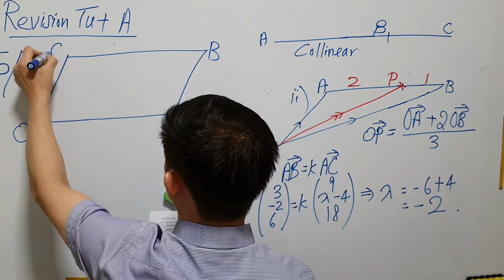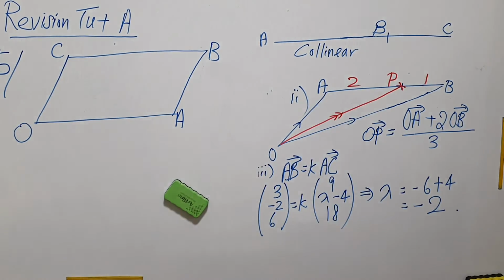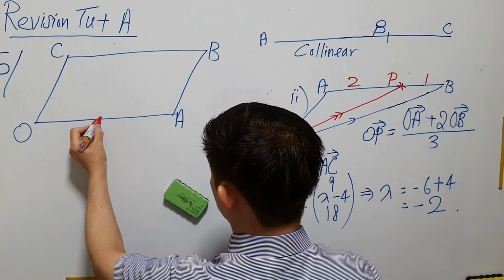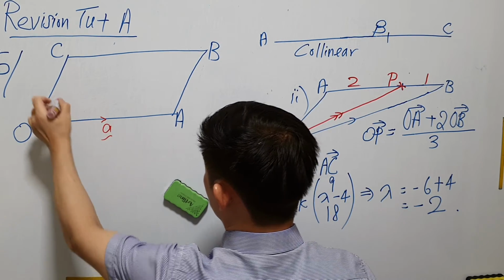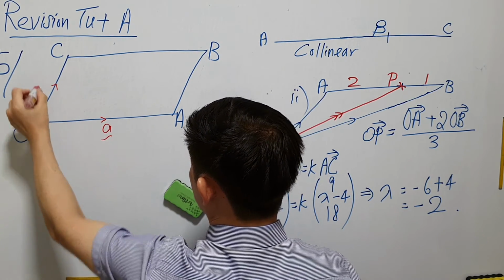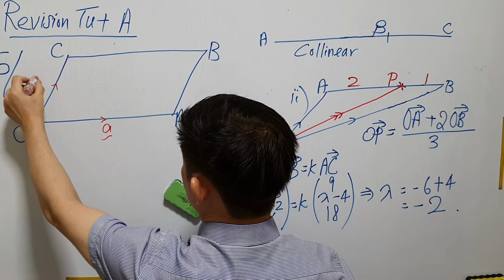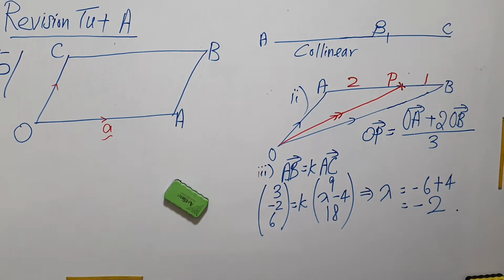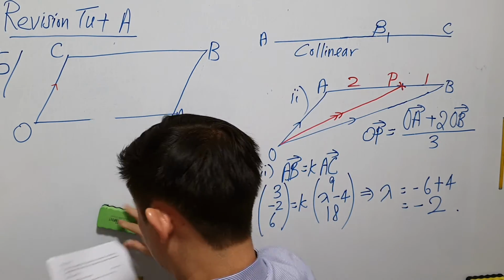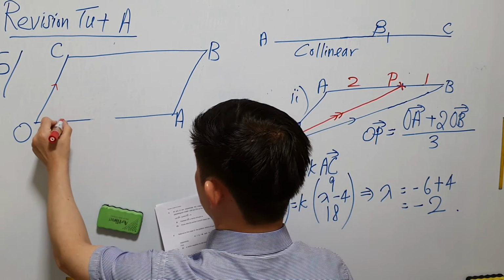O, A, B, C. So you're given a diagram OABC. You're told that this is vector A and this is vector C. Let me mark A like that.